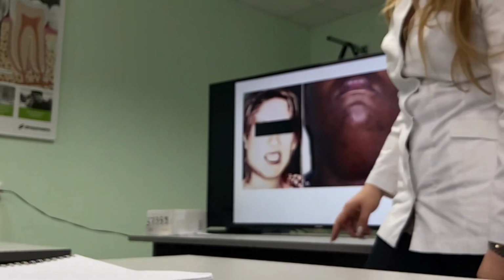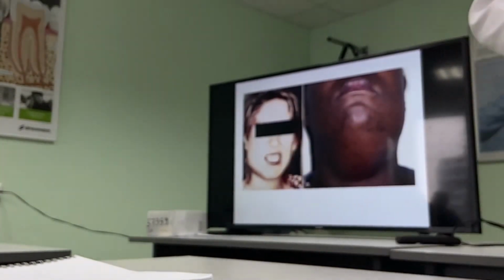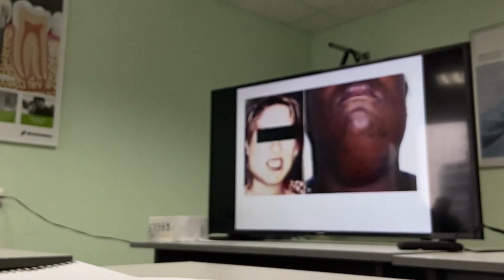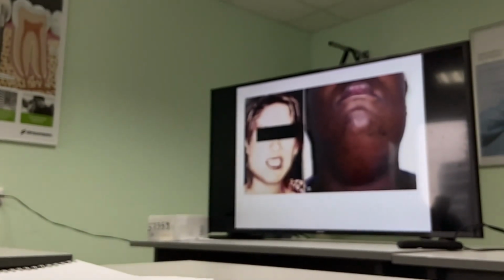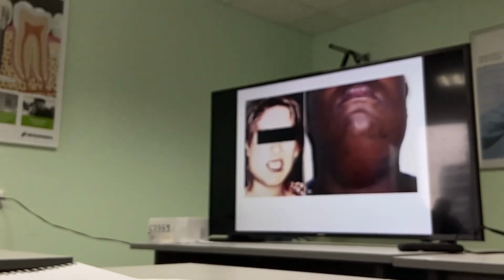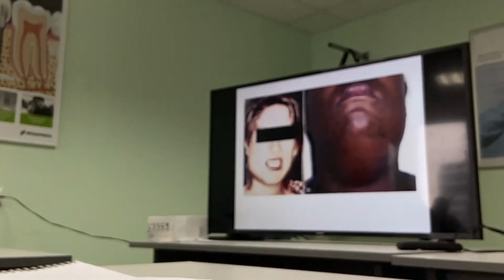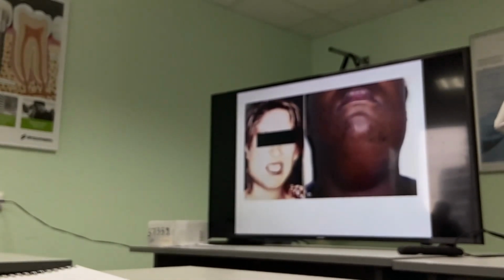How many layers do we need to cut? Skin, fat, then you remember the anatomy of the fascia of the neck. The parietal layer of the fascia, we cut it.